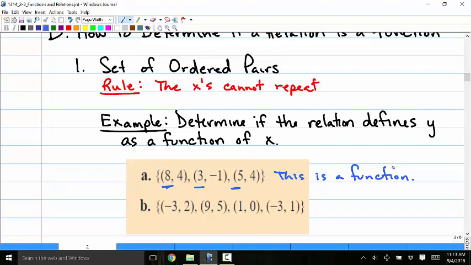For the second one, letter B, I have -3, 9, 1, -3. Is that a function? No, not a function. And if I were taking these notes, I would go like this to remind myself. Those x's repeated, or that x value repeated. Questions?